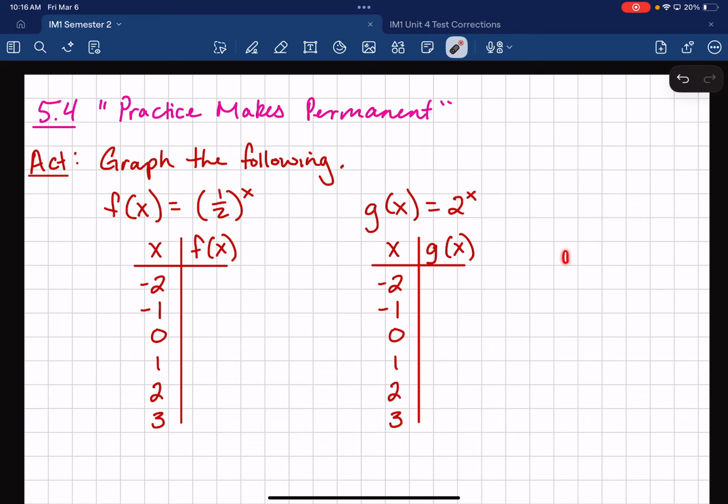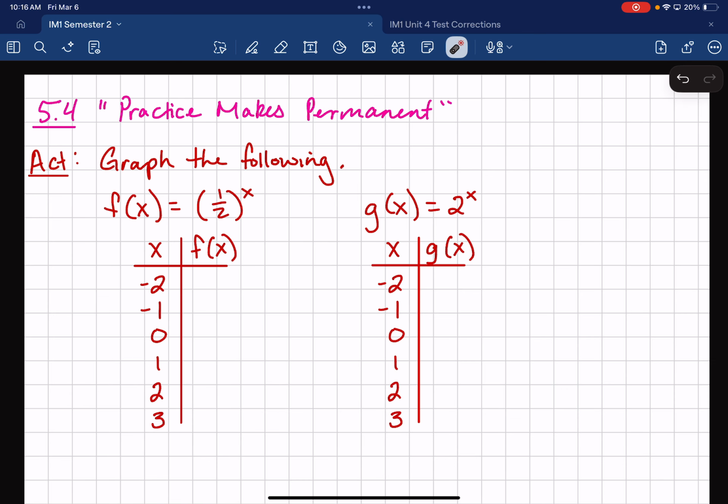Ones you're probably not going to see very often is I of x, because I means something else in math, and most of us feel awkward using it as a function. So typically f, g, h are going to be your common ones.